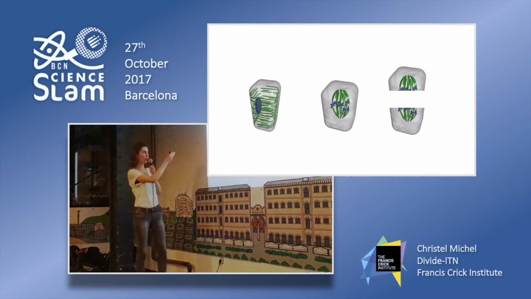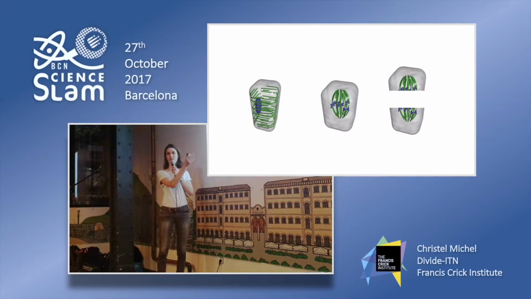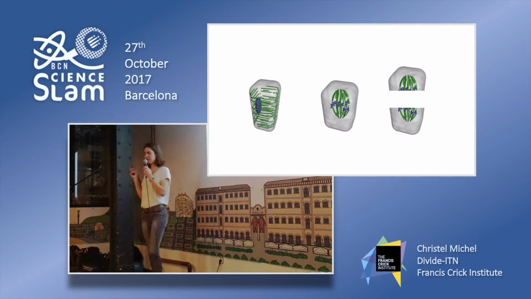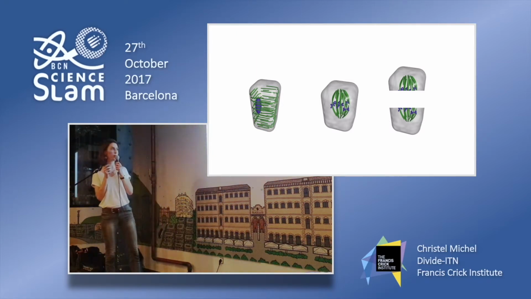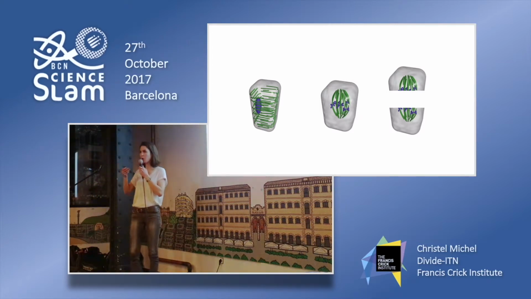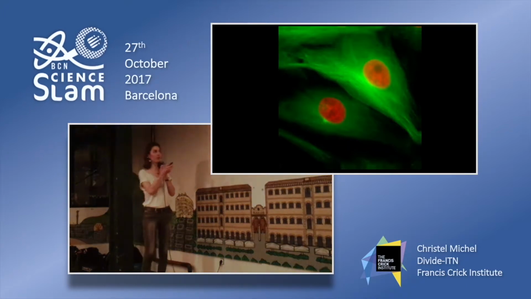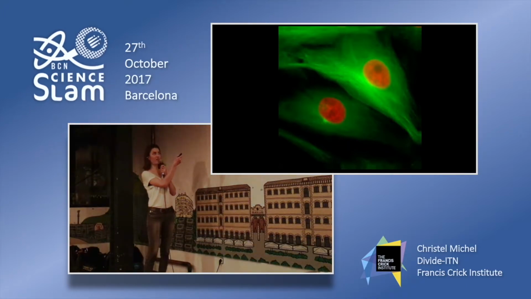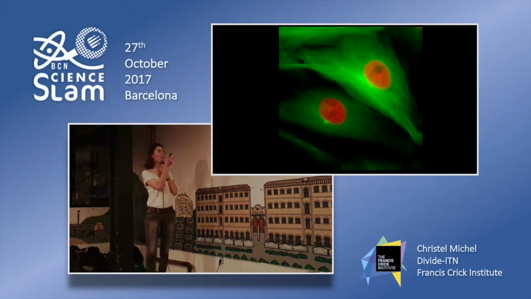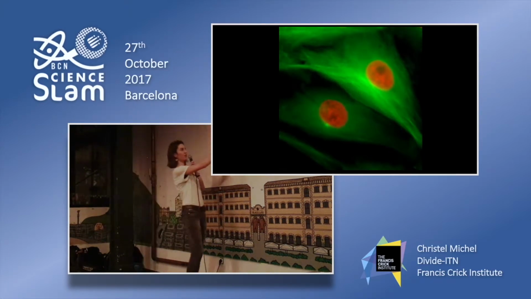And we need to reorganize this whole network into a system that functions in order to separate the DNA into two equal parts. I just want to show you how this actually works without all of these metaphors in an actual cell. So here we have the genetic information in red and our architecture in green. And here we have a cell that's dividing.